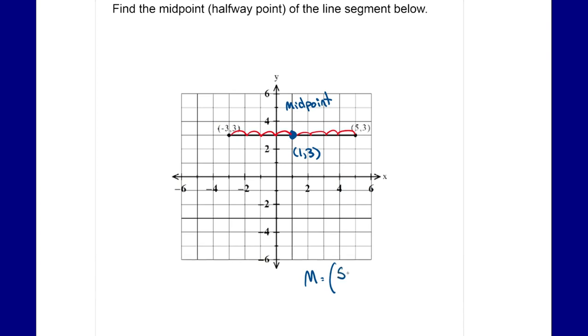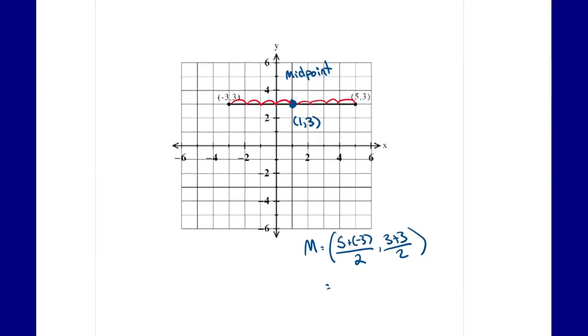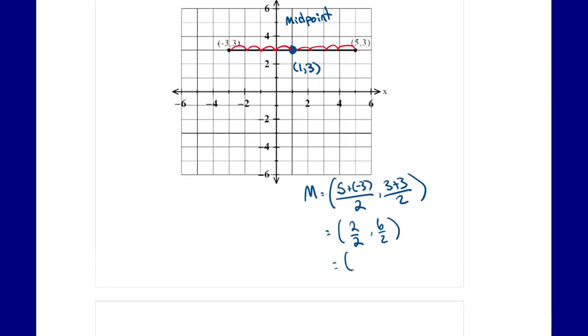We're going to take 5 plus -3, divide that by 2, and we're going to take 3 plus 3 and divide that by 2 for the y values. We get 2 divided by 2, and 6 divided by 2, or we get 1 and 3.